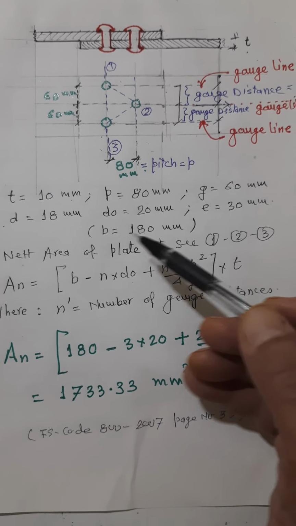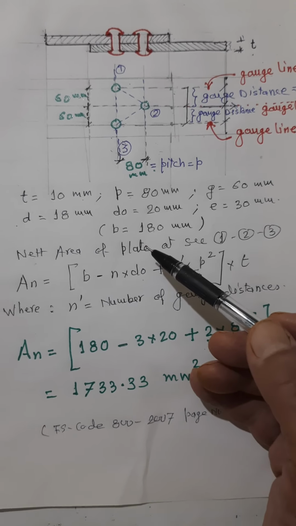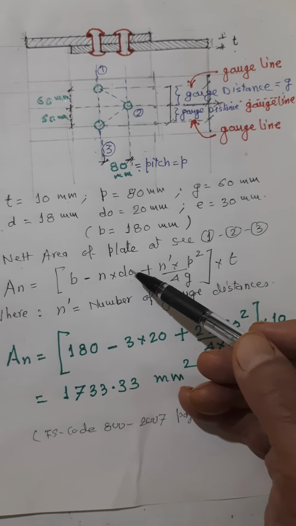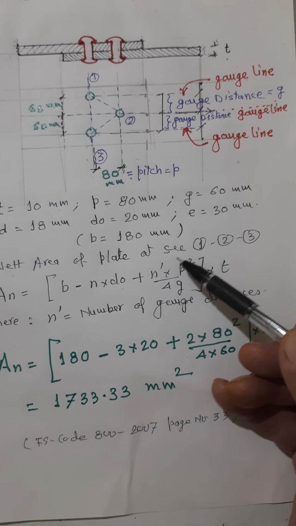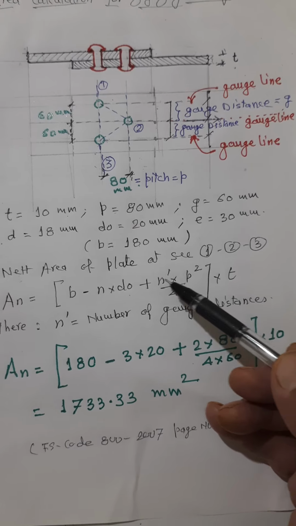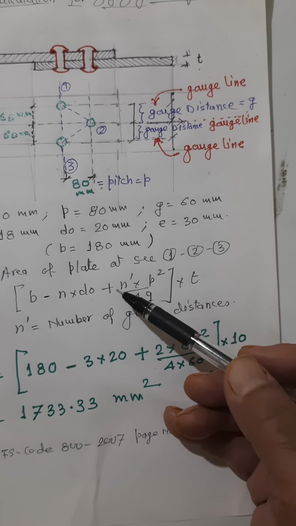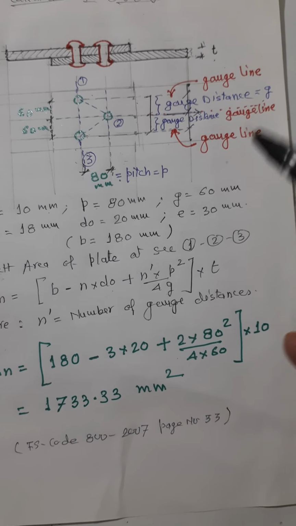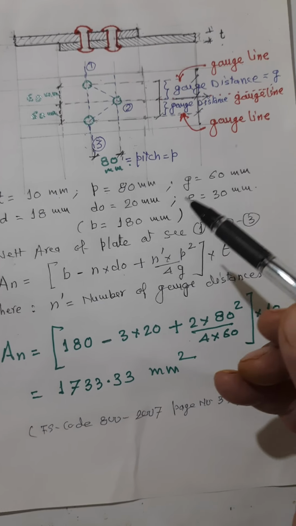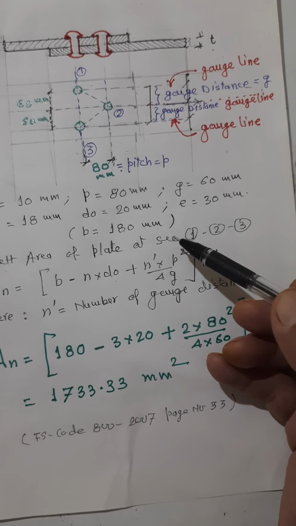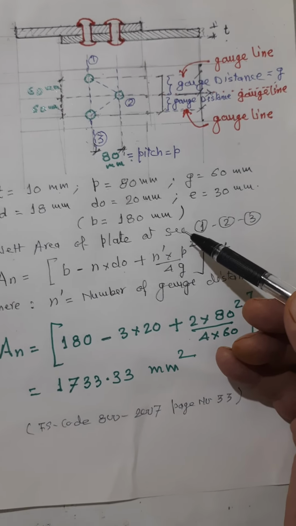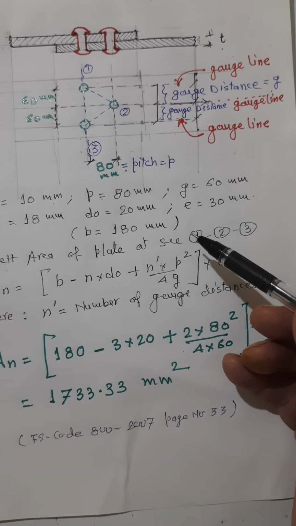Now, net area of the plate is nothing but b minus n times d naught plus n dash p square upon 4g. What is n dash? n dash is nothing but the number of gauge distances. Mind it, I will repeat: n dash is nothing but the number of gauge distances, and g is the actual distance.